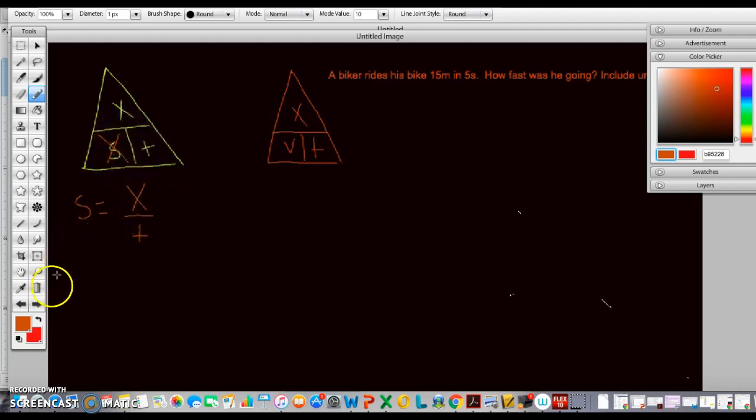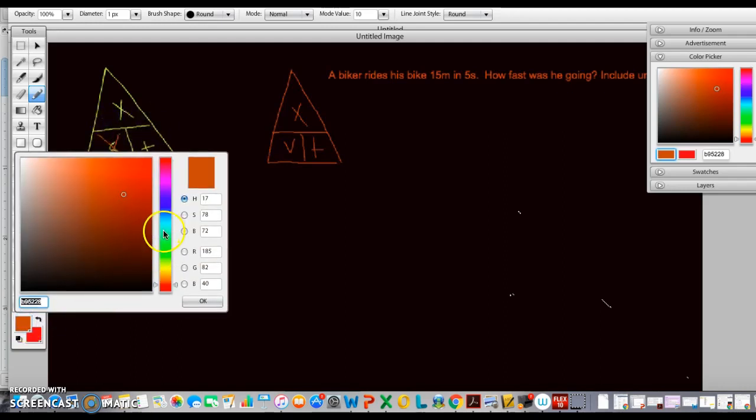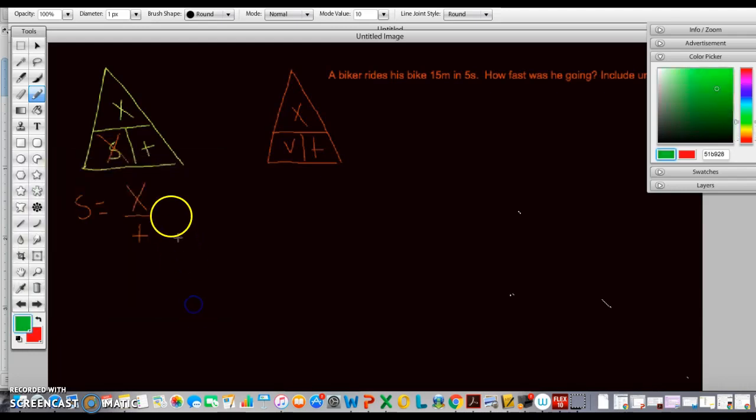Okay, so let's try out T. If the T was crossed out, we'll first write the variable T, and let's see what we have left. So let's imagine this was an S without the X here. The equation would read X divided by S, distance divided by speed.